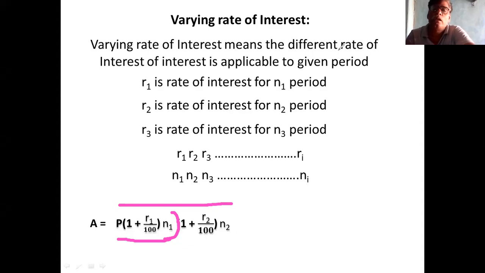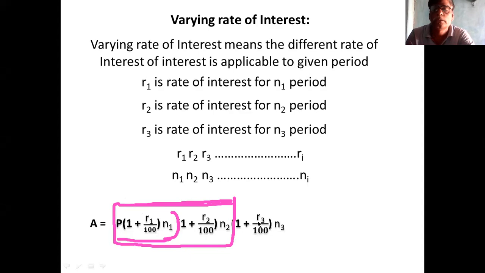And the third period amount. The second period total amount becomes the principal for the third period. Therefore, this is the principal for the third period, and the third period amount equation is 1 plus R3 divided by 100 raised to N3.